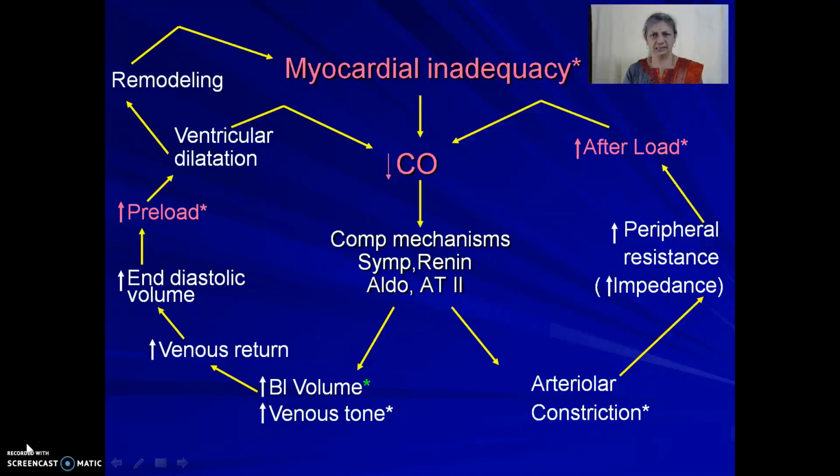What does this sympathetic system do? If it is activated, it will cause release of adrenaline from adrenal medulla and norepinephrine from the postganglionic nerve endings. And both of them together will stimulate the myocardium further. That means they will possibly increase the force of contraction, but they also increase the heart rate.